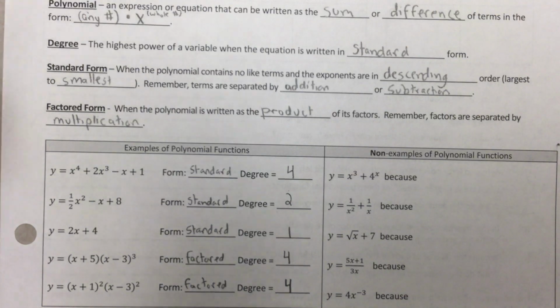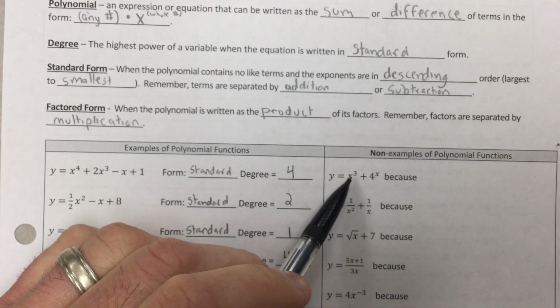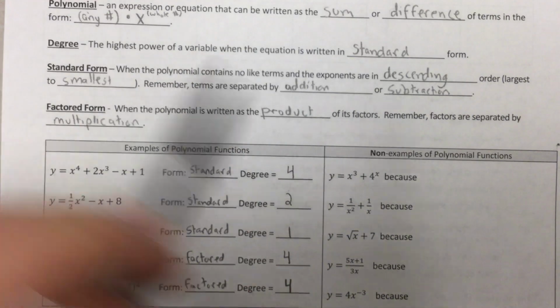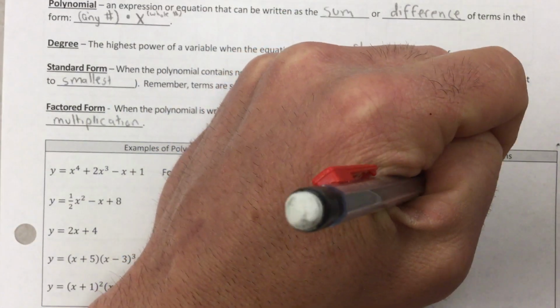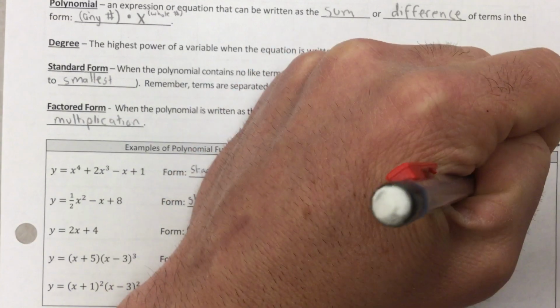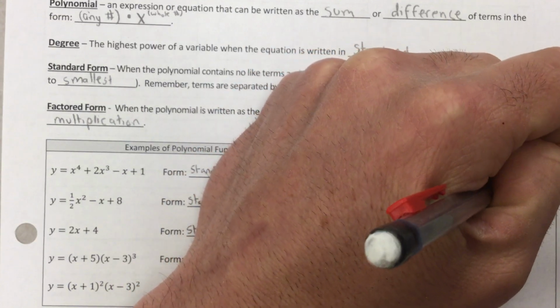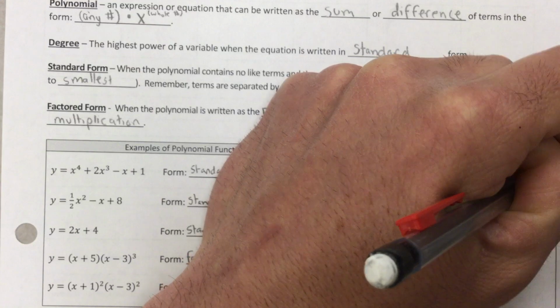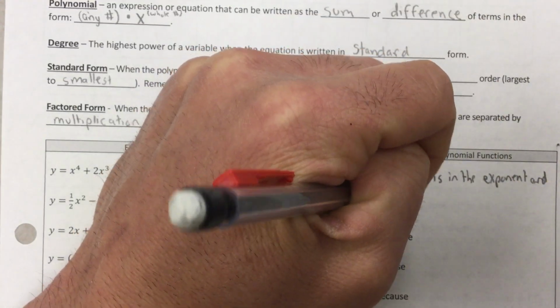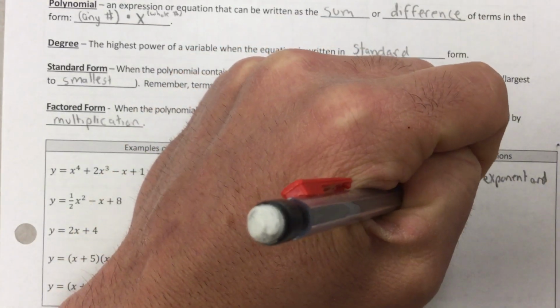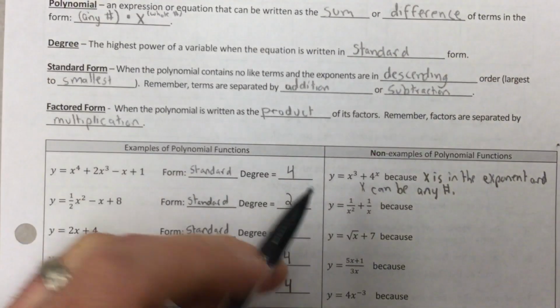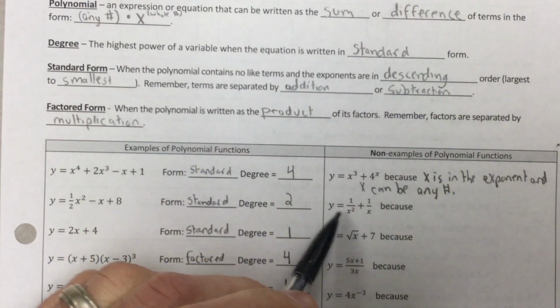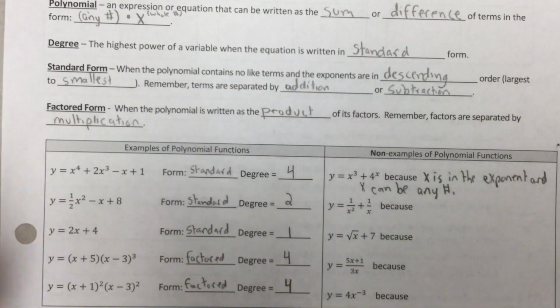Here are some non-examples. y equals x to the third plus 4 to the x. The reason it's not an example is because x is in the exponent, and x could be any number. It doesn't have to be a whole number. For the second one, I have 1 over x squared and 1 over x.